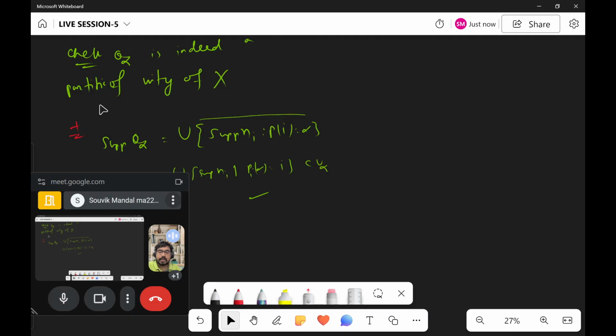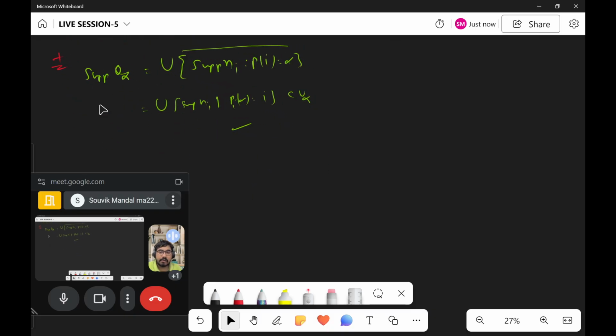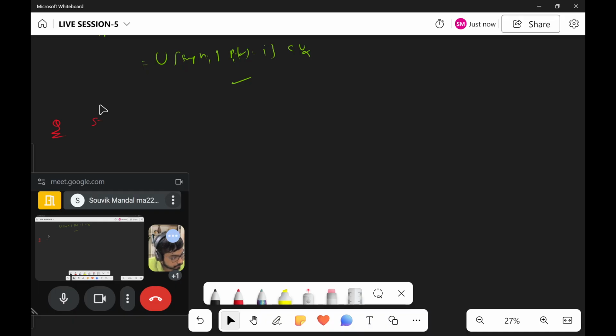So I hope this argument is clear to everybody. Now let's move on to the next question. This question asks to show that a space is sigma locally compact if and only if it is sigma compact and locally compact.